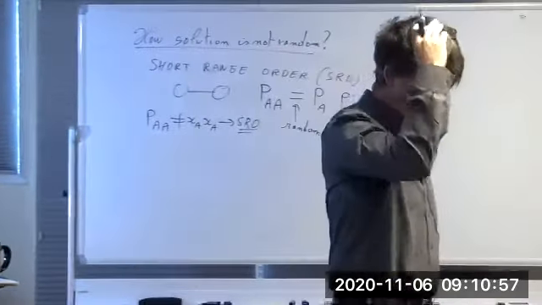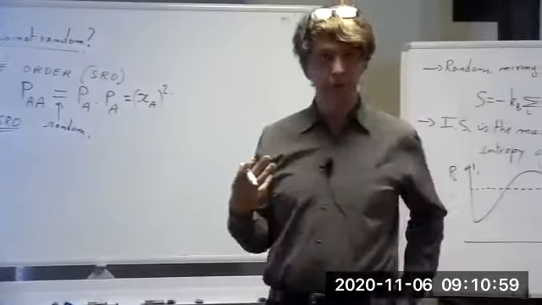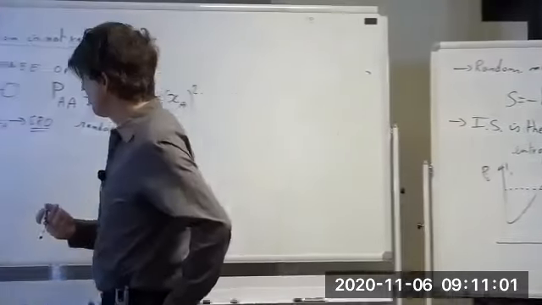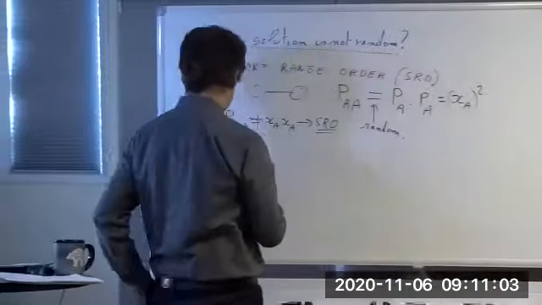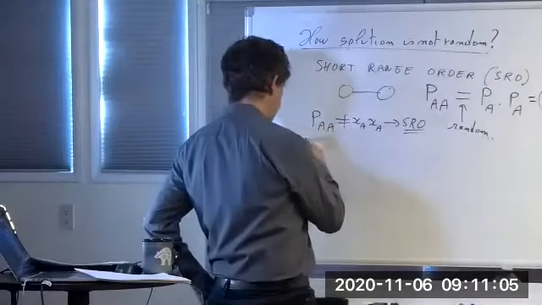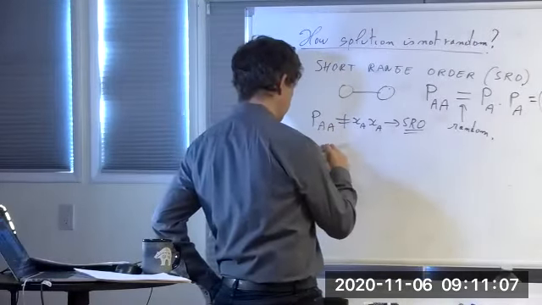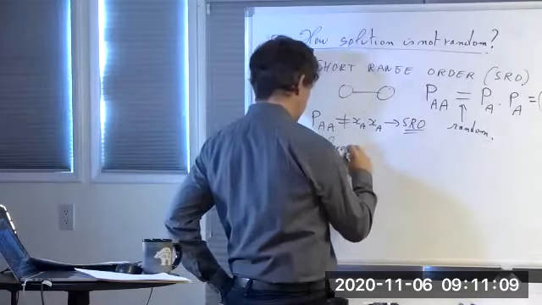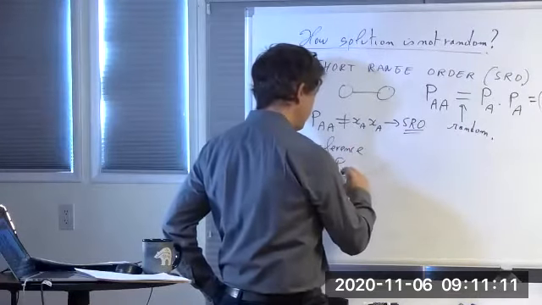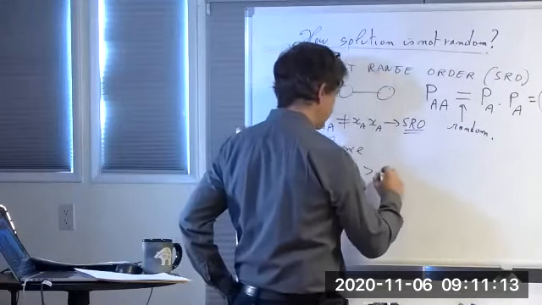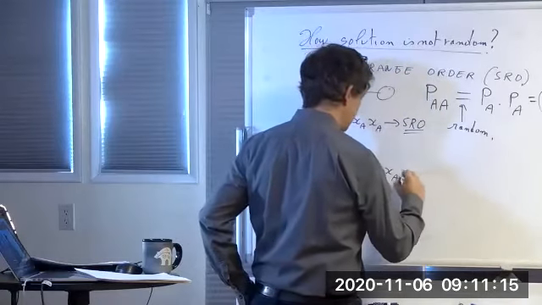So maybe A prefers to bond with B, and then you will have a strong AB preference, for example, right? If you have AB bond preference, then PAB will be larger than 2XAXB.